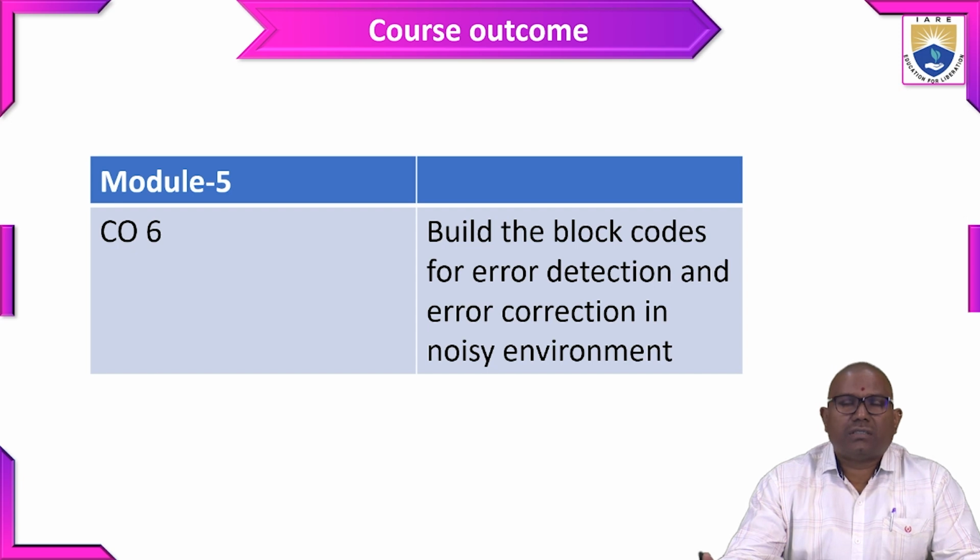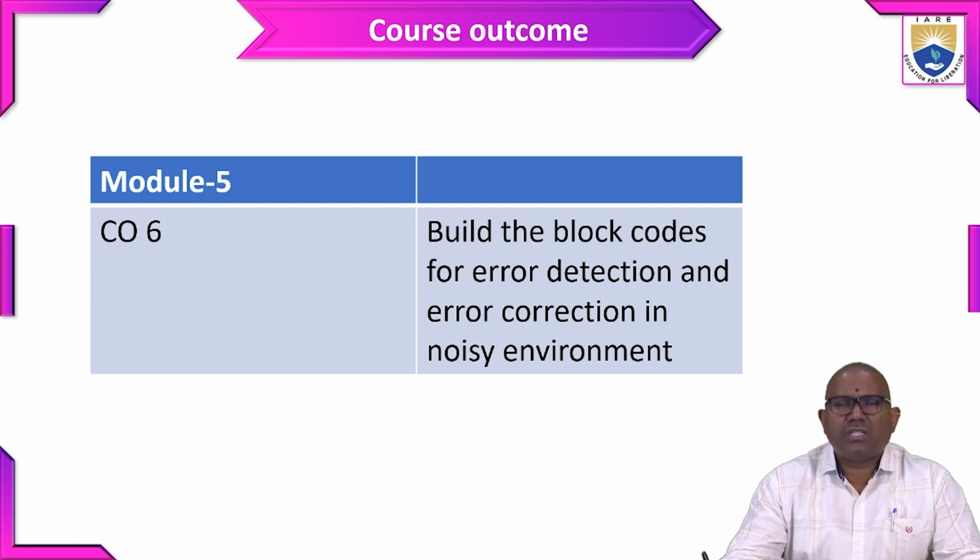This error control coding relates to course outcome 6, and this topic is covered in module 5. Course outcome 6 says: build the block codes for error detection and error correction in a noisy environment.